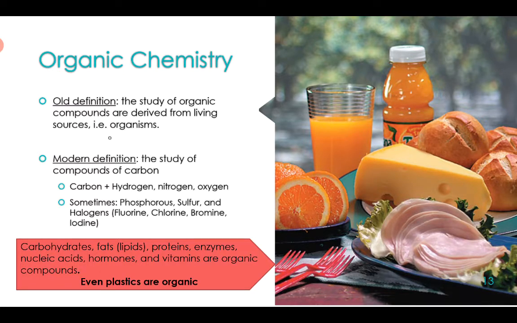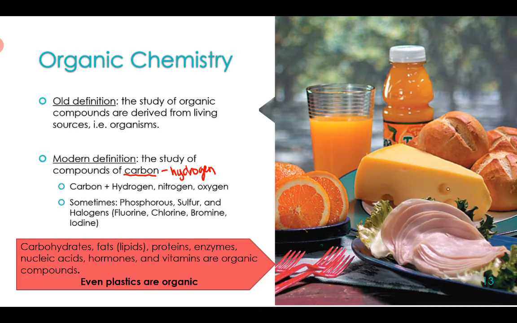The modern definition comes from the study of carbon, specifically the compounds of carbon where carbon is bonded to hydrogen. So you have to have carbon bonded to hydrogen to have an organic compound. Then you will have other non-metal elements such as nitrogen, oxygen, phosphorus, sulfur, and any of the halogens. Halogens are in group 17: fluorine, chlorine, bromine, and iodine.